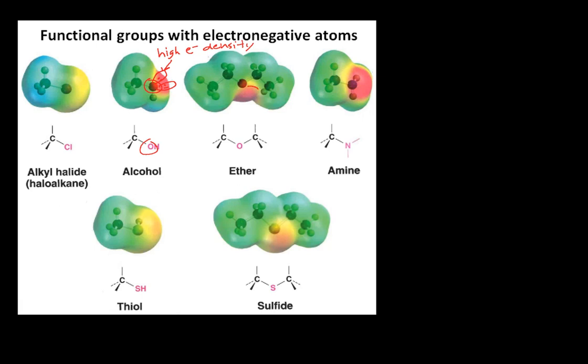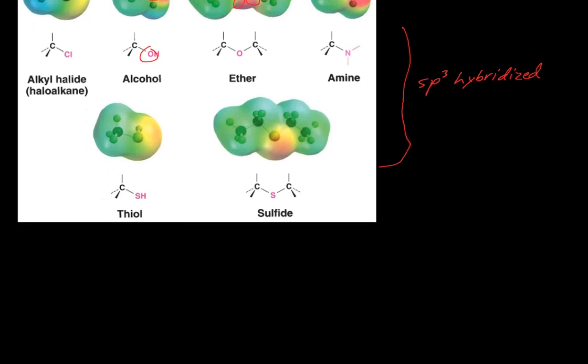Again, this ether has two lone pairs there, so it's most red there. These things are going to start to influence the reactivity of these. So these are that collection of sp3 hybridized functional groups that I pointed out in the last video. So they're all going to be roughly tetrahedral and single bonded all around, or lone pairs.